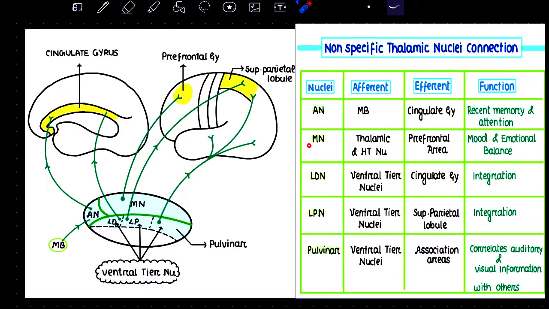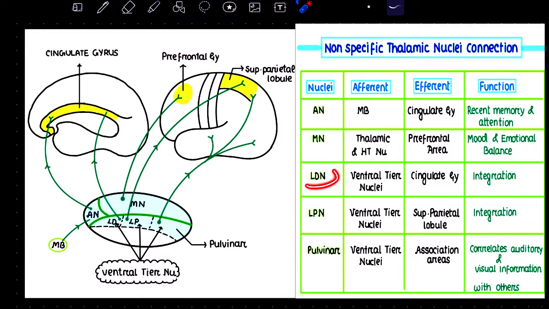Now talking about the medial nucleus, the afferent is from the thalamus and hypothalamus, and the efferent goes to the prefrontal area. The function of the medial nucleus is that it regulates mood and emotional balance.